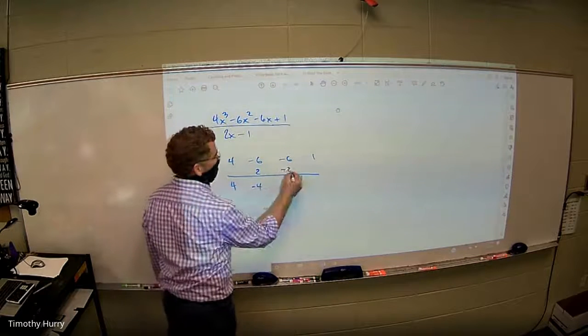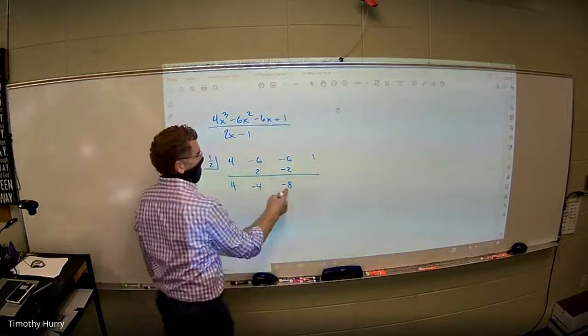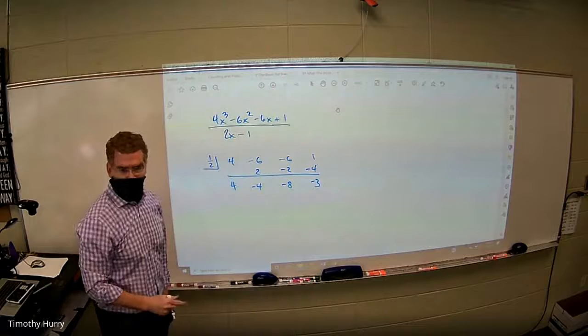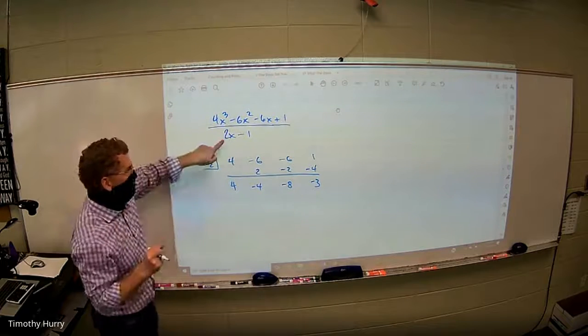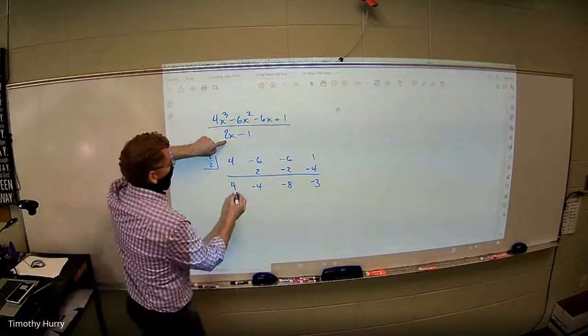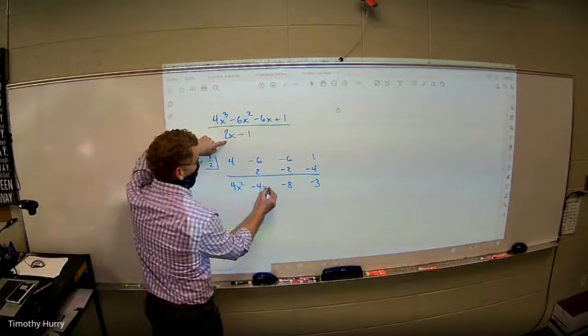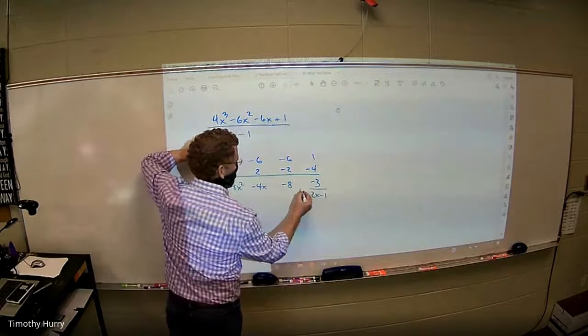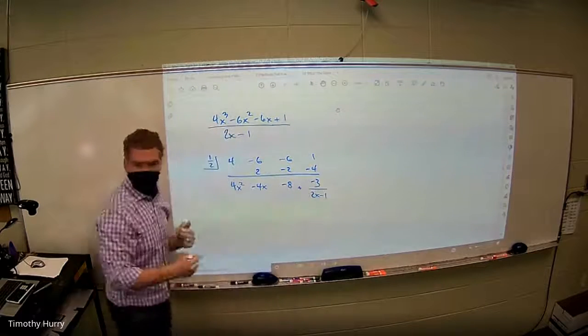Half of that's -2, -8. Half of that is -4, -3, right? And if it was a normal problem that didn't start with a number like 2 or 4 or 5, all you would do here is put the x squared, the x, the constant, and put that over 2x minus 1. So that's what you would do if it was normal.